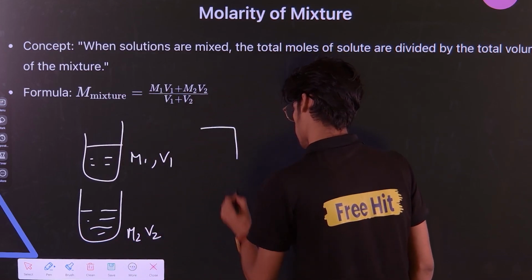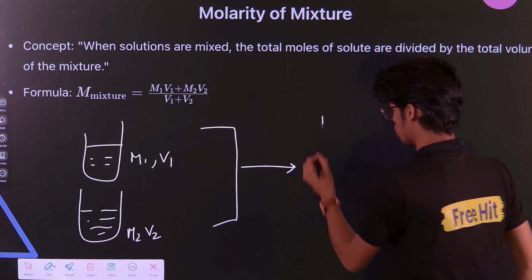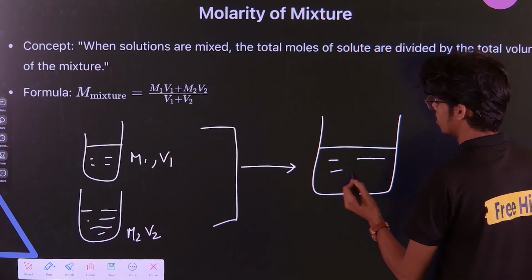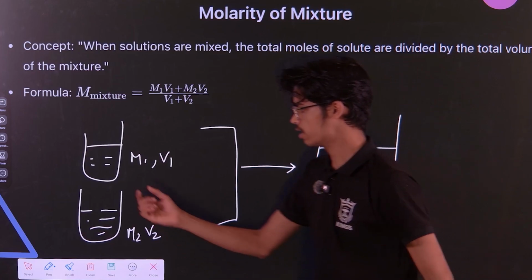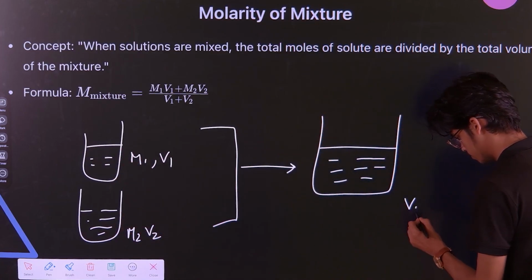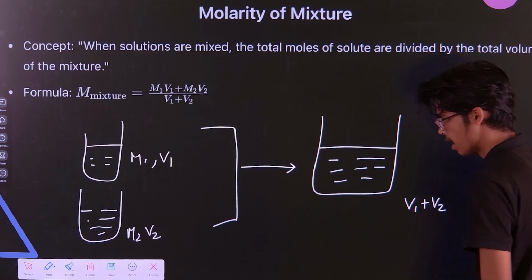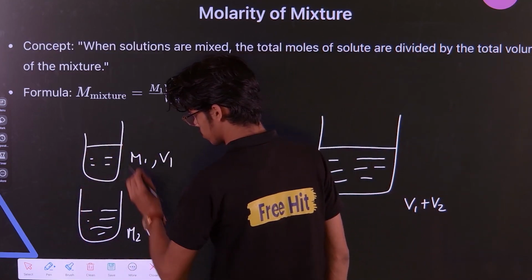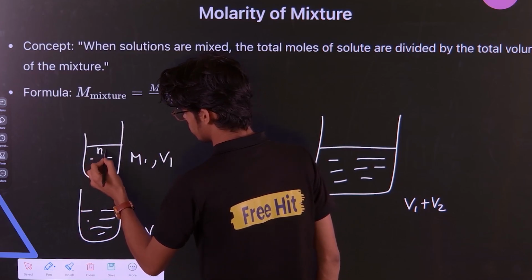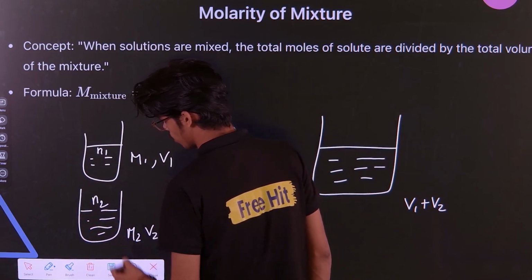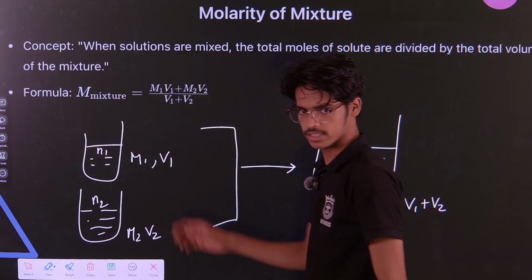Now we are adding these together in one single container. So what will be the volume? Sir, the volume here is V1 and the volume here is V2, so the volume will get added. I hope you are able to understand this, right? So suppose in this solution there are n1 moles, and in this solution there are n2 moles. Just think about this.